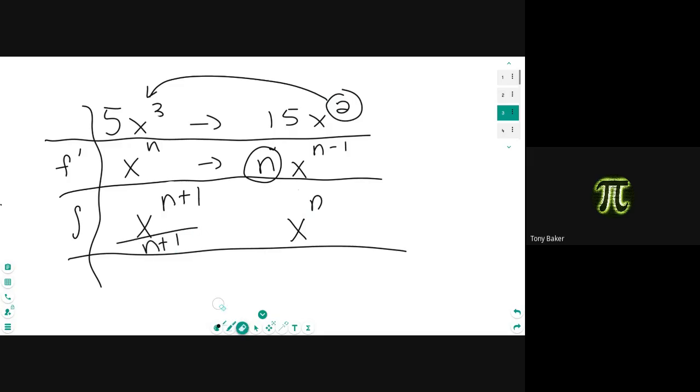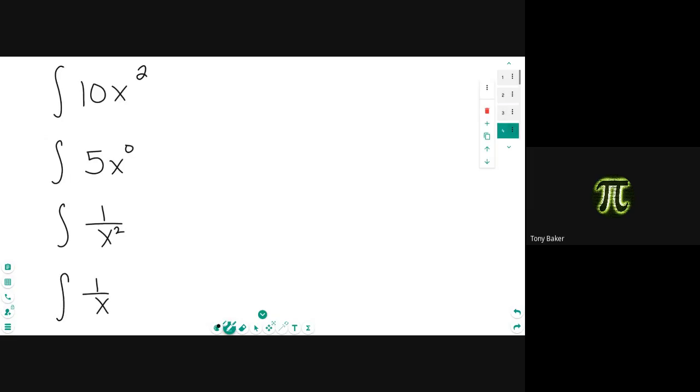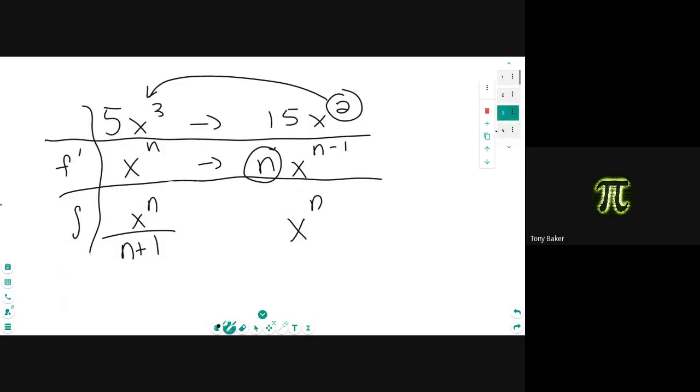So make this a little bigger. Instead of multiplying by the piece to go backwards, we're actually dividing by that n plus 1. So that's your first rule. Did I write it nicely on the next screen? I did not. We're going to.